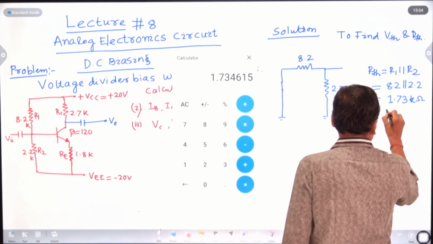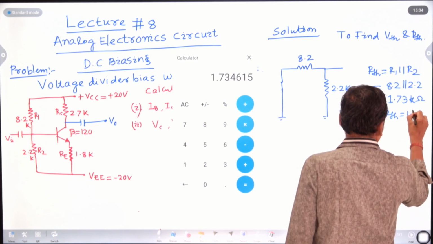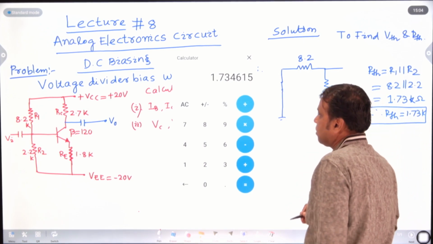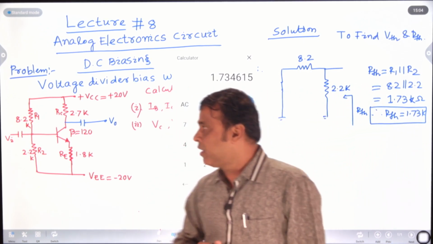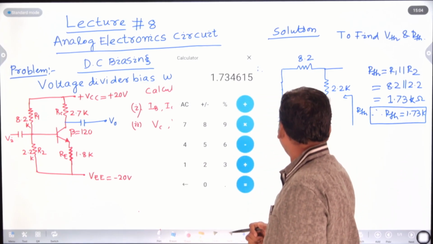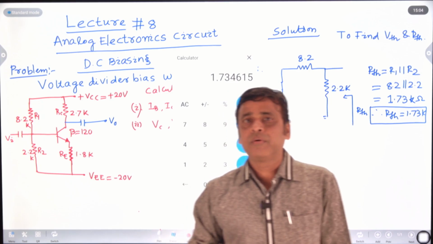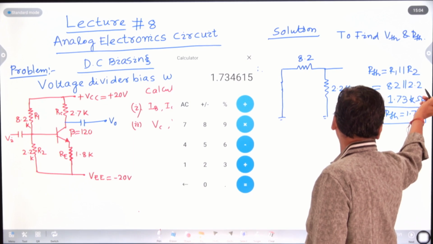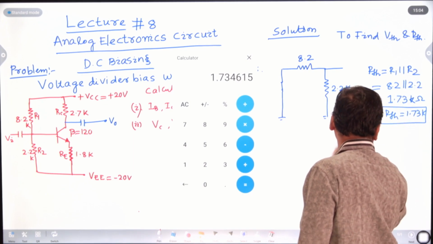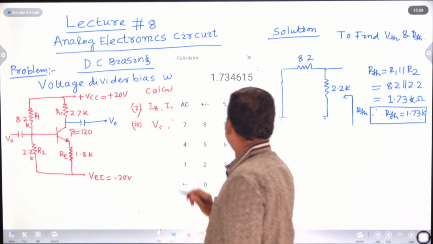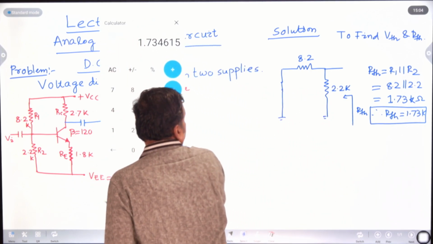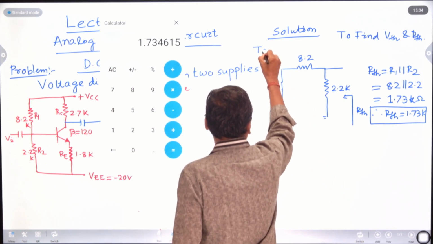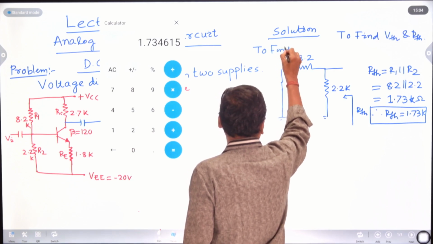Here RTH equals 1.73 kilo ohm. When calculating RTH using Thevenin's equivalent circuit, R1 parallel R2 is the product of the resistances divided by the sum of the resistances, so 8.2 into 2.2 divided by 8.2 plus 2.2, and the result is 1.73. That is how we find RTH, the Thevenin's resistance.